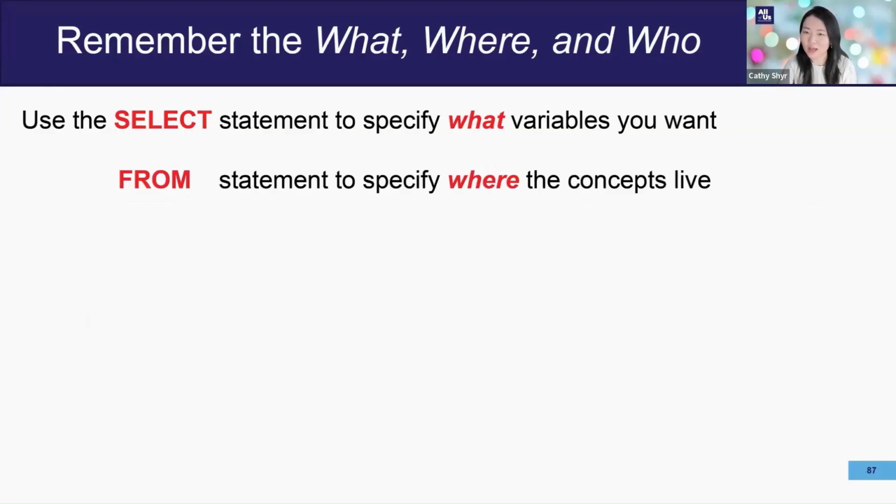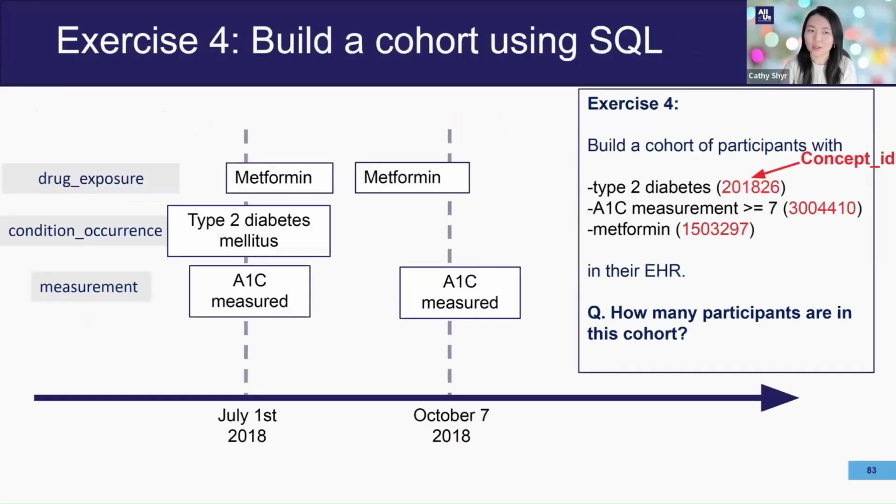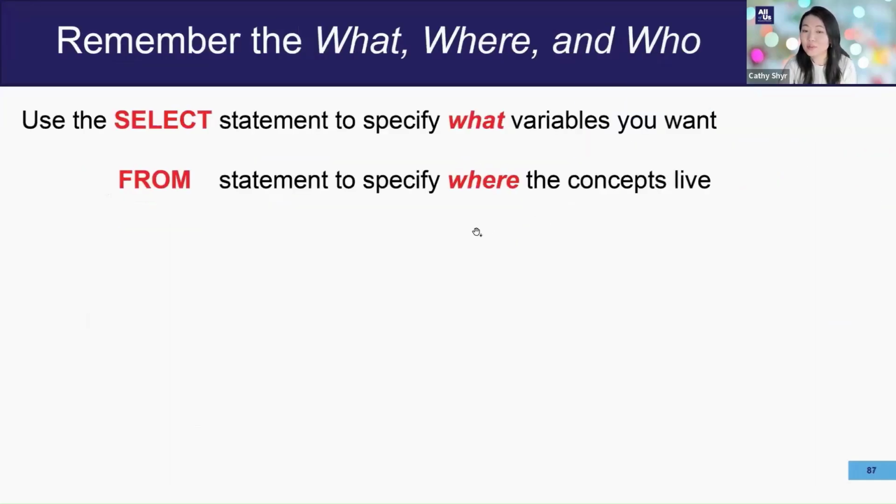The second part is to use the from statement to specify where the concepts live. Remember that in John's patient journey, we have 3 different concepts: metformin, type 2 diabetes, and A1C, and earlier we found out that these concepts live in different OMOP tables. Metformin is drug exposure, type 2 diabetes is condition occurrence, etc. So we use the from statement to specify which OMOP tables contain those concepts.